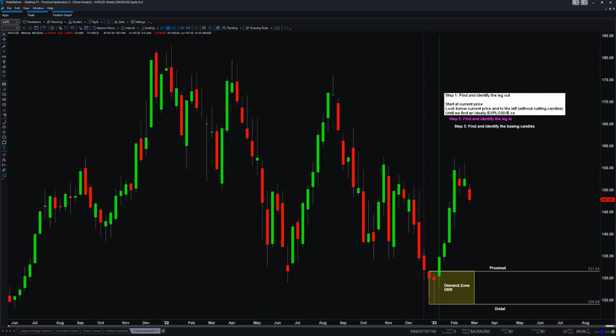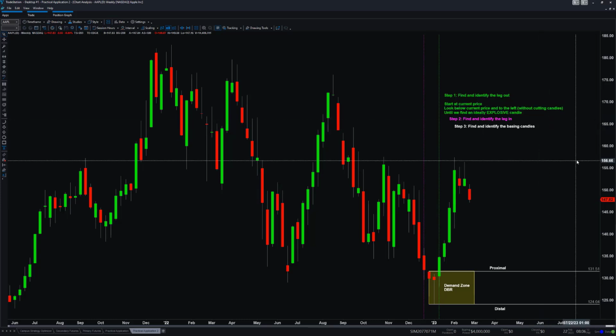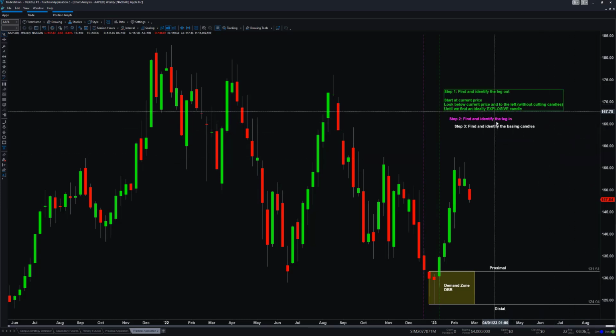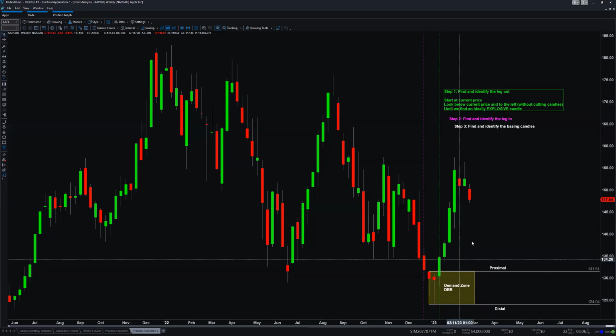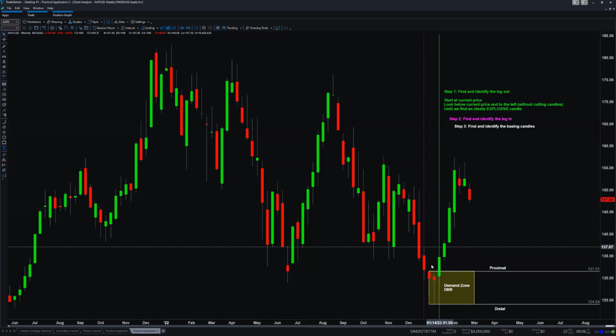explosive candle. An explosive candle, because an explosive candle will imply institutional activity. Very clearly, something is happening here. We can see, wow, who can push price higher? Well, it must have been a lot of willing buyers. Who can push price for multiple weeks in a row?